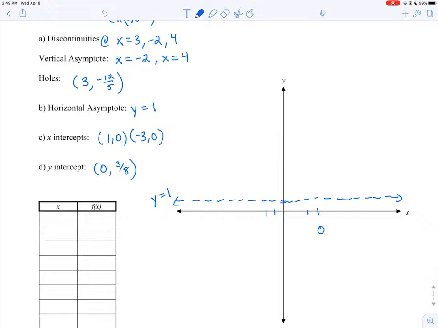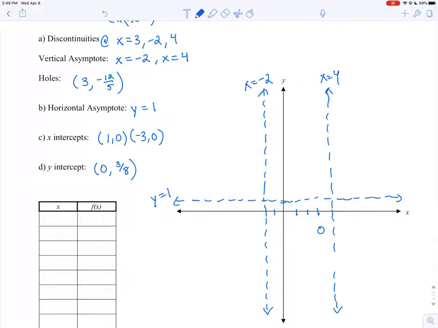So we had x equals -2 as our first vertical asymptote, and then we had x equals, that was 1, 2, 3, 4, so that'll be over here. All right, that makes a little more sense. My bad about that.